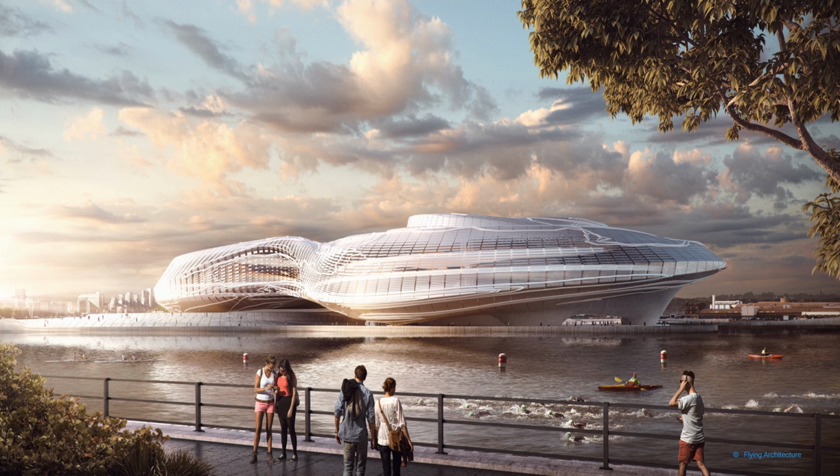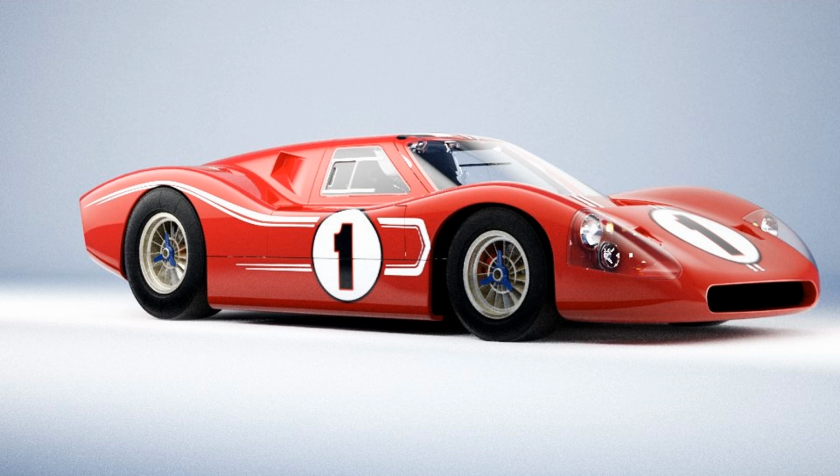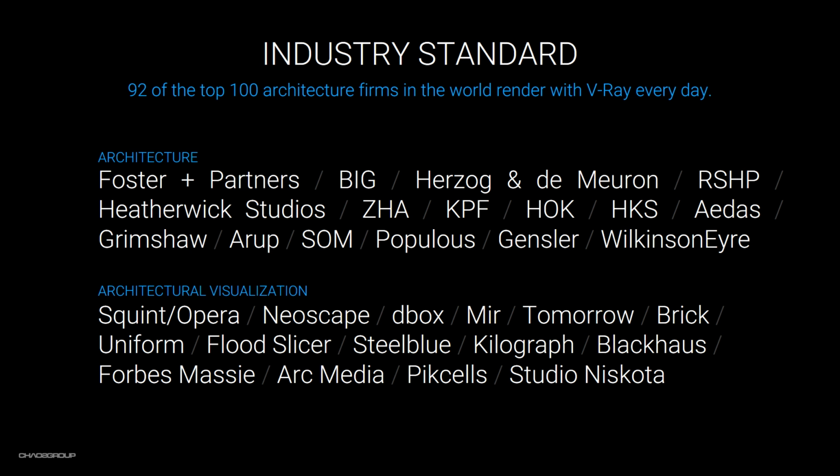V-Ray is an industry standard in the architectural pipeline. It's also used in many other industries like product design, jewelry, and automotive. Today, a very large number of top architectural studios use V-Ray in their everyday work. The same is true in the visualization industry as well.